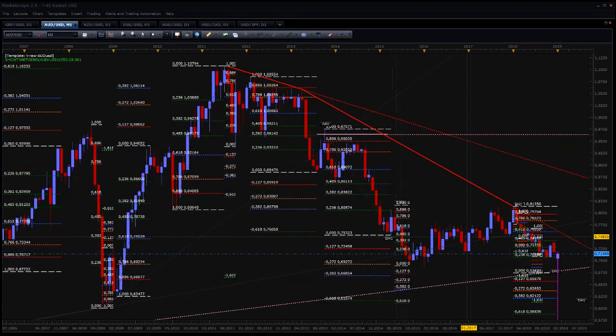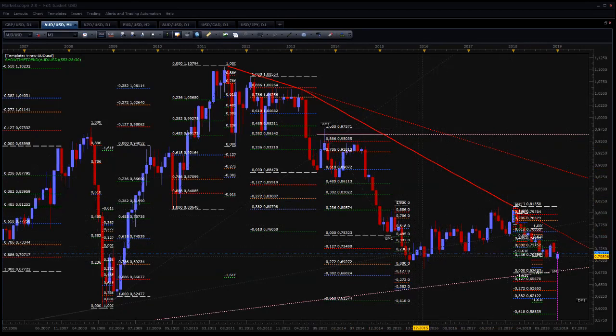Consolidated for a while. This is consolidation. I know some people draw trend lines as if they were channel lines. I don't do that because that's just nonsense.